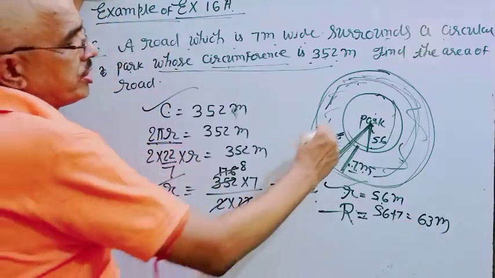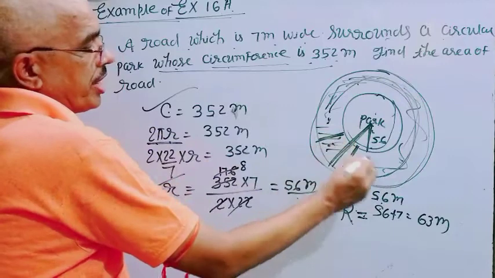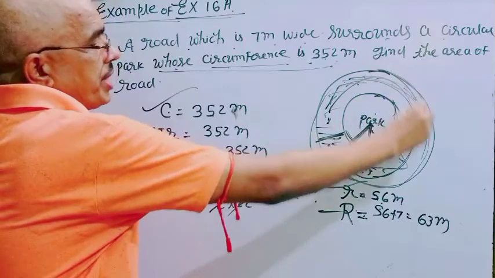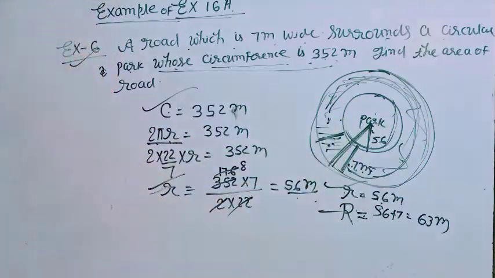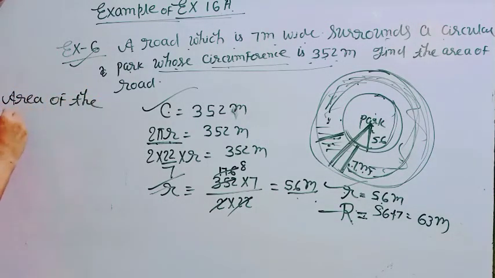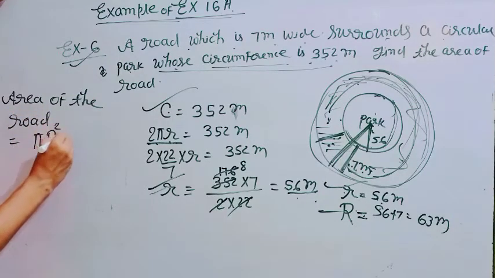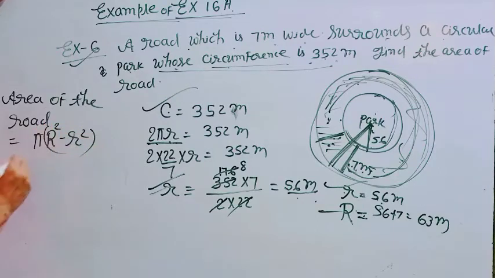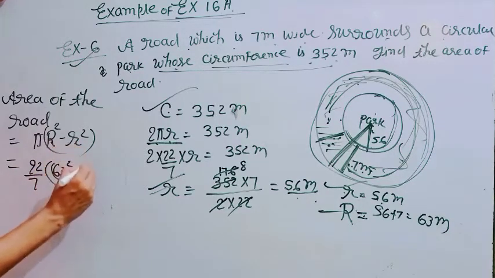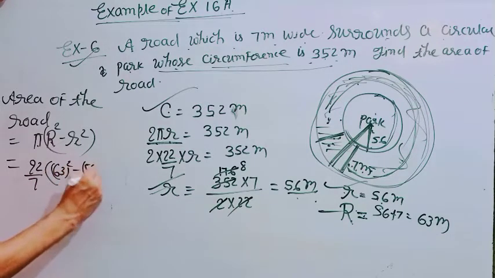So dear student, now your question is what is the area of this road? To find the area of the road, we subtract the area of the small circle from the big circle. So the area of the road is equal to π(R² minus r²). π is 22 by 7, R is 63 squared minus r is 56 squared.